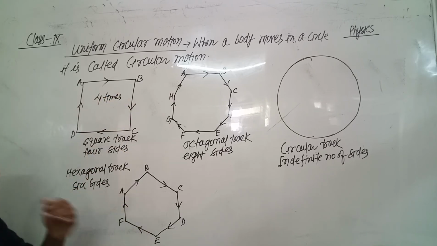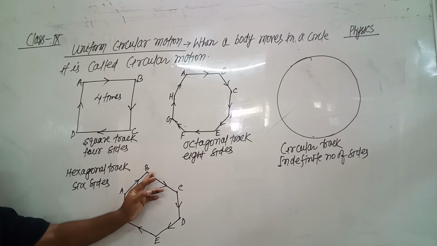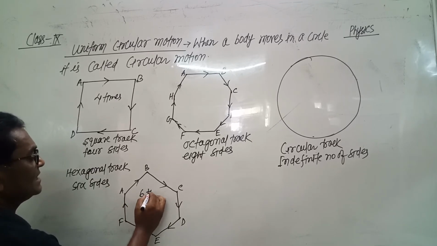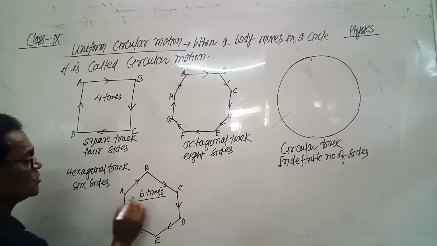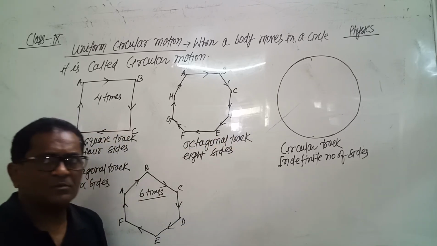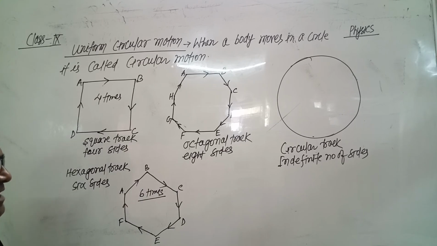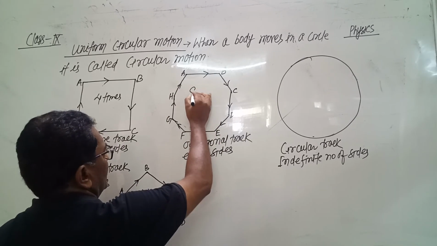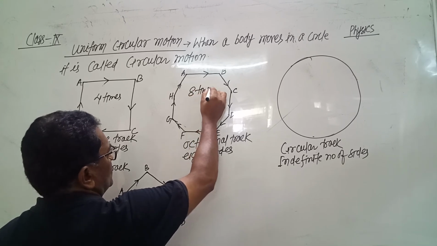When a body moves in a hexagonal track, the body changes the direction of motion 6 times. 1, 2, 3, 4, 5 and 6 times. When the particle moves in an octagonal track, it changes the direction of motion 8 times.